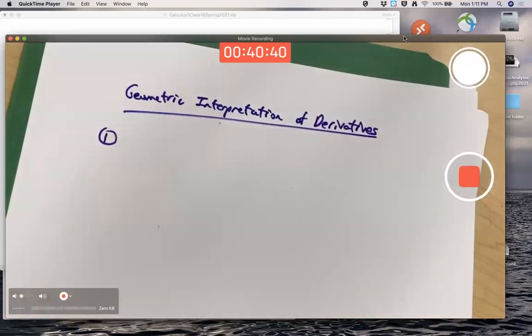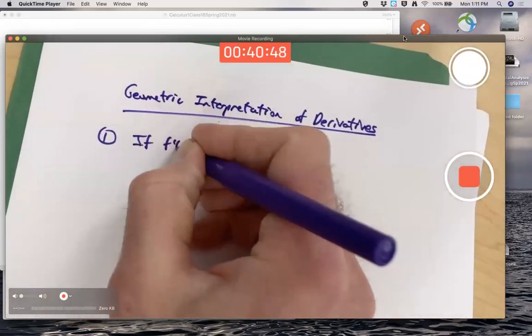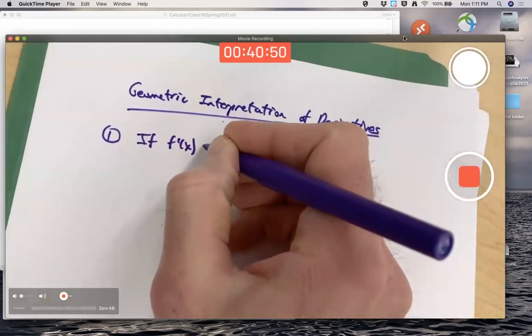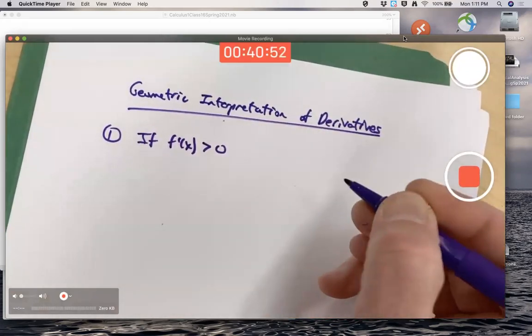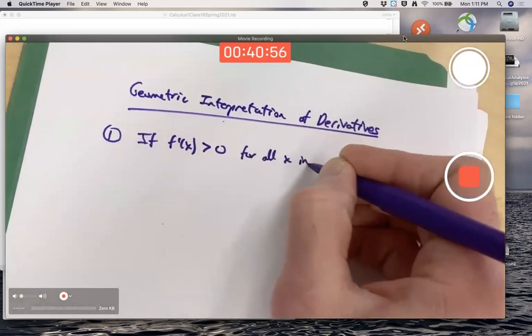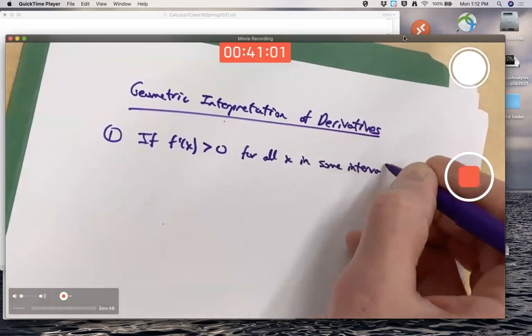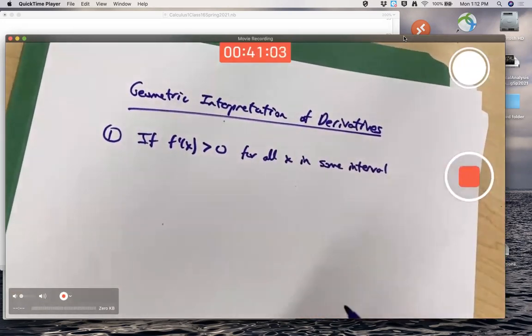One, if f prime of x is strictly positive, say, for all x in some interval. I'm not going to say what the interval is.